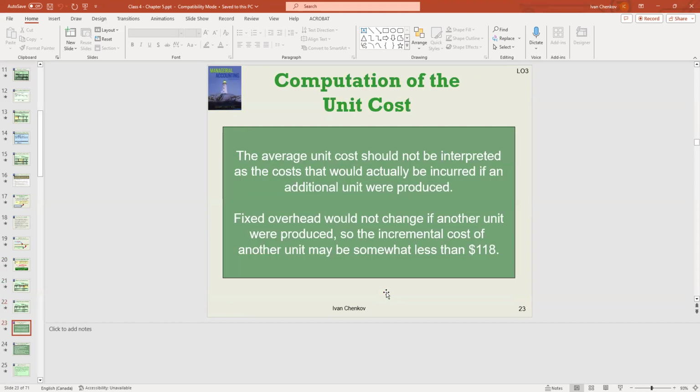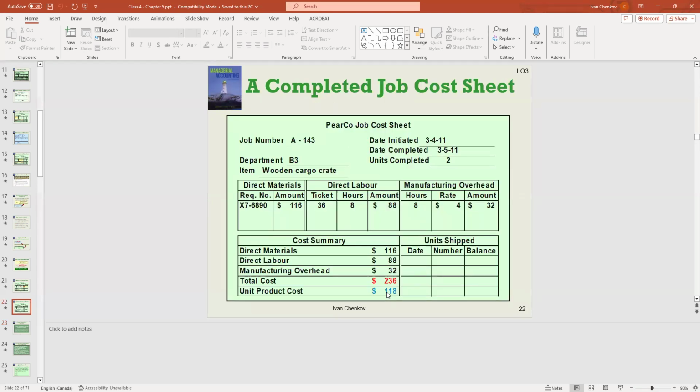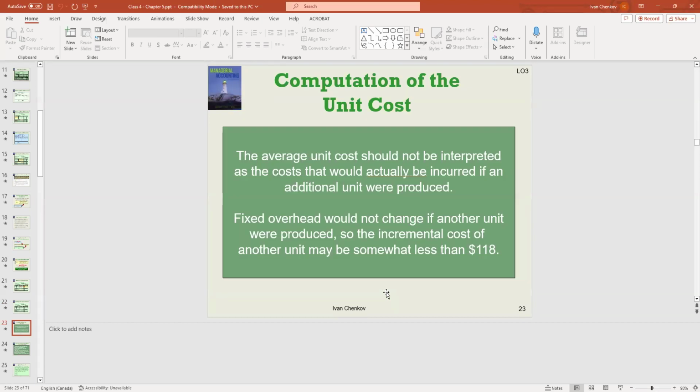If the customer comes later and says, can I have 1 more unit of this product? The average unit cost will not be the same. So that unit cost should not be interpreted as a cost that would happen if 1 additional unit is produced.